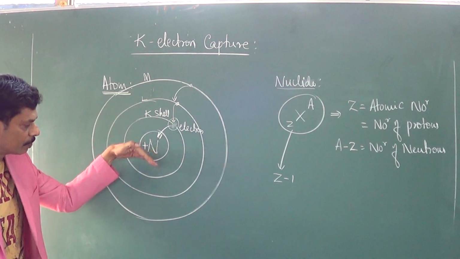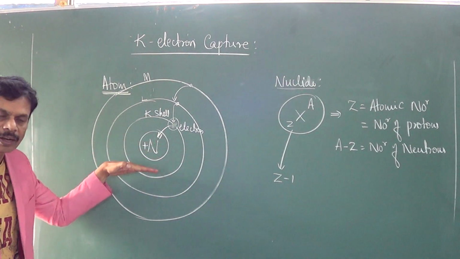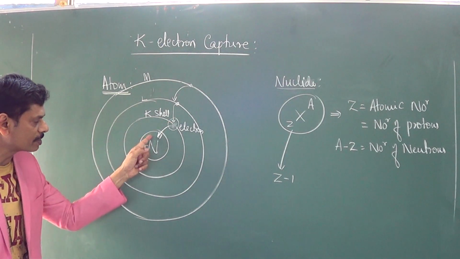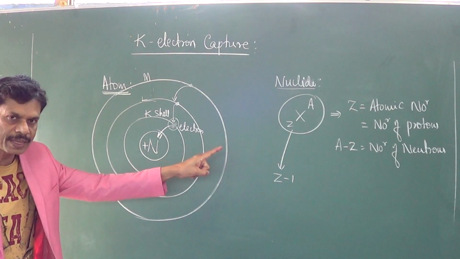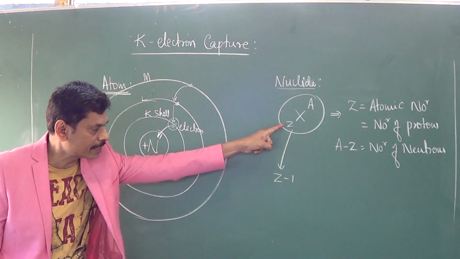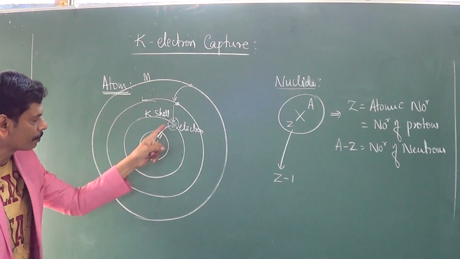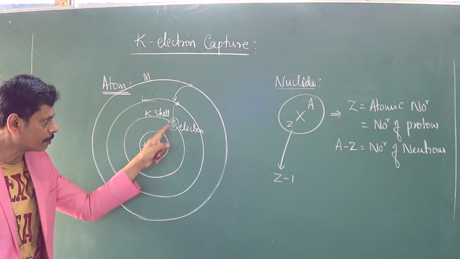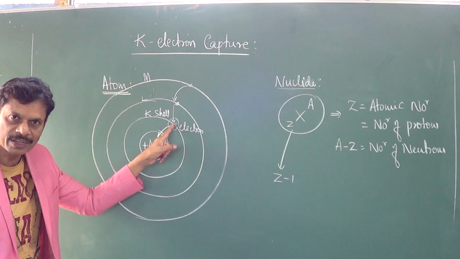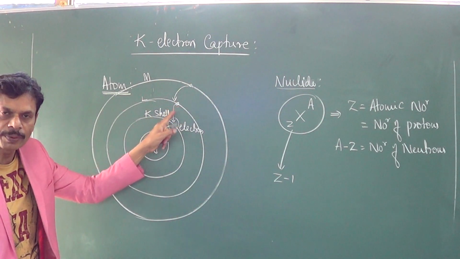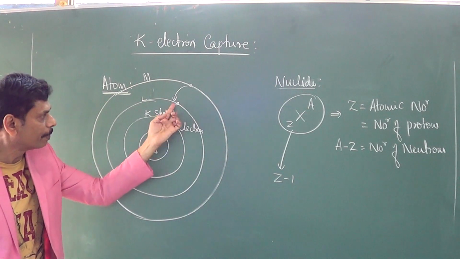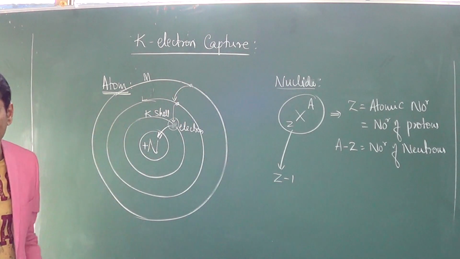Now the excited nucleus comes to the lower, ground level, and once this electron is absorbed, the nucleus has a number of protons that was Z and is now Z minus 1. The vacancy created is filled by the rearrangement of electrons.